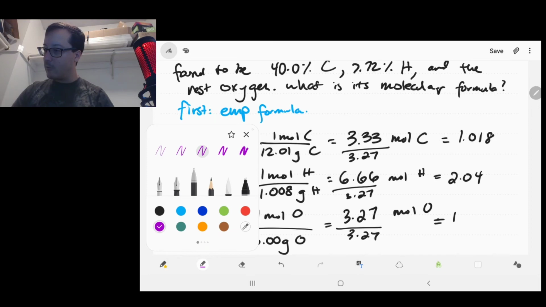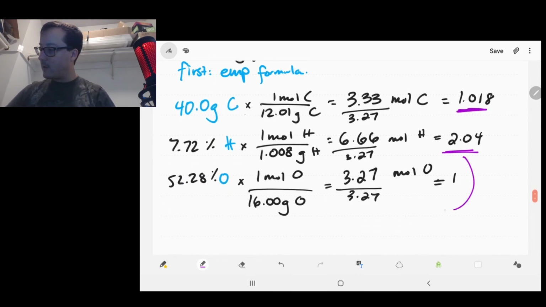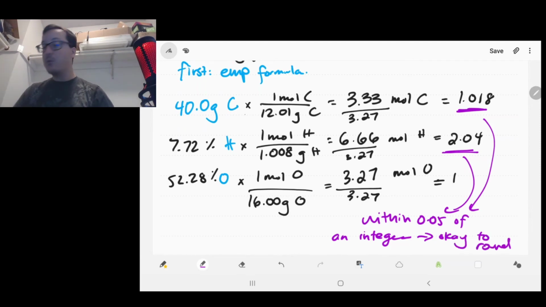I'm going to just make a note of that. These are within 0.05 of an integer. We are okay to round. So we can say 1 to 2 to 1.